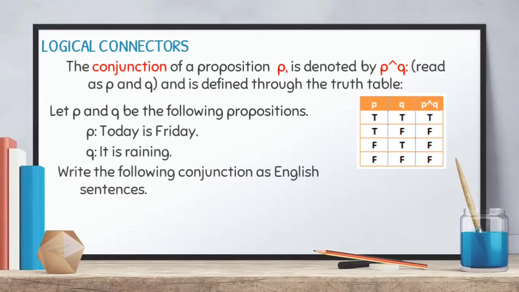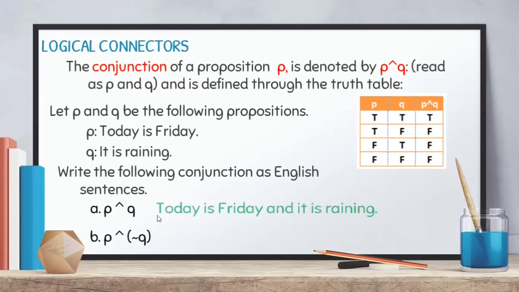Write the following conjunction as English sentences. So the first one is our P and Q. Meaning we're going to combine the two single statements in one statement, right? But then we're going to use our connective, which is the word and. So P and Q is written as, right?